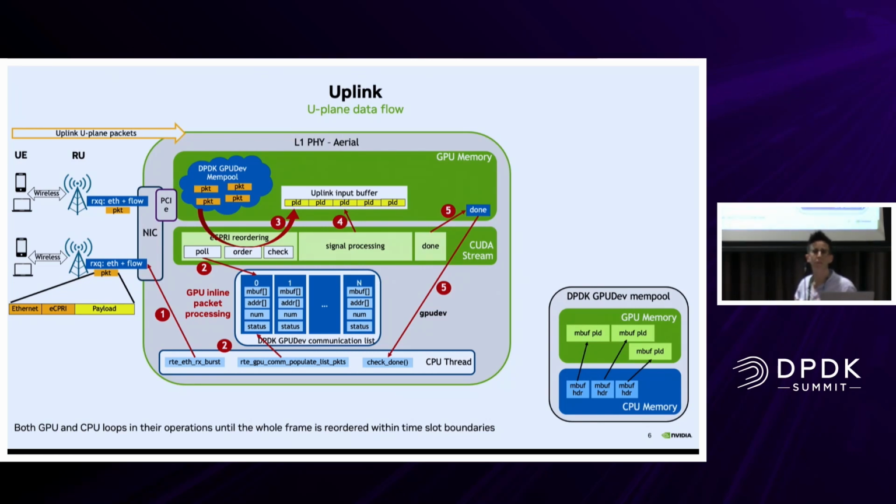It really depends on your application, and you decide. The DPDK part is to enable this mechanism and connect the GPU and the network card. But everything you see here is pure CUDA code and application code. So again, you decide how frequently you want to poll the memory. Thanks.